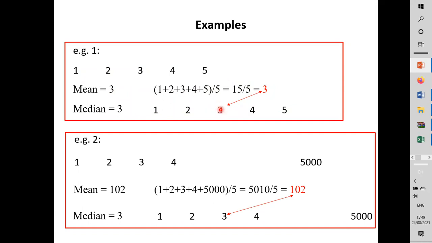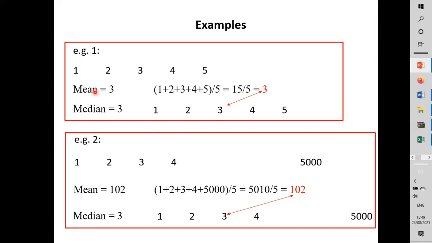This is the center, right? Yes. So in this case, what do you see? The mean and median are similar. What does it mean? Perhaps the data is symmetrical. The mean and median are similar. We'll see later what symmetry means.